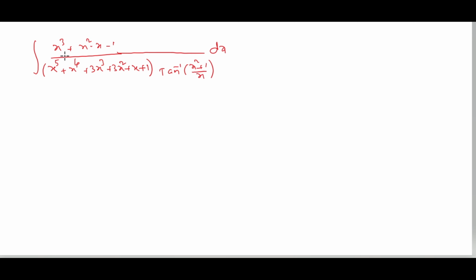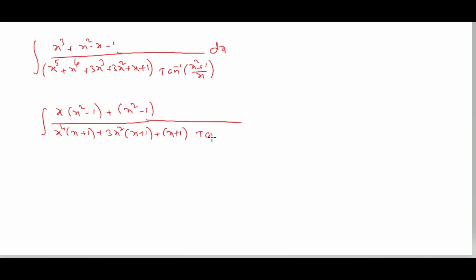Take x common from the first two terms in the numerator: x into (x square minus 1) plus (x square minus 1). In the denominator take x power 4 common: x power 4 into (x plus 1), plus 3x square common, x plus 1, plus (x plus 1).